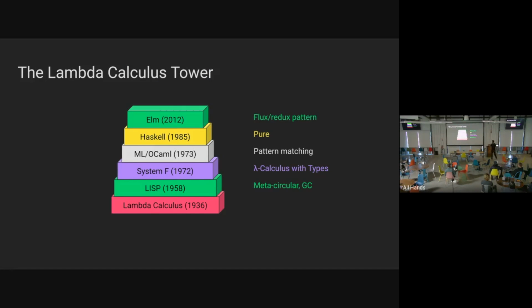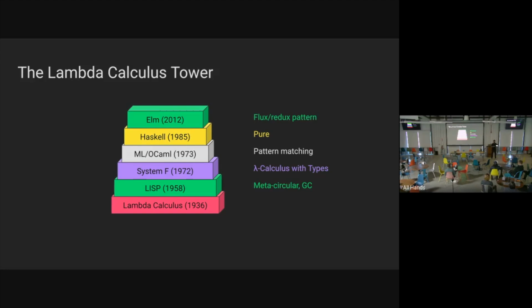But now we get into some stuff which might be more relevant to your experience. In 2012, Elm popped up, and Elm is very much a functional programming language, even though it compiles down into JavaScript. And the Elm people essentially pioneered the Flux Redux pattern.